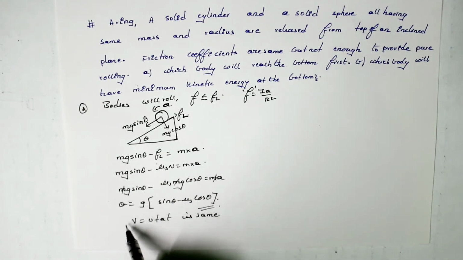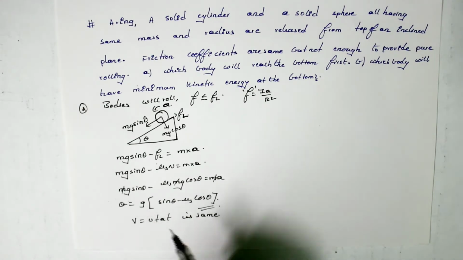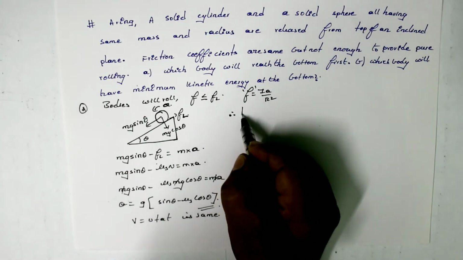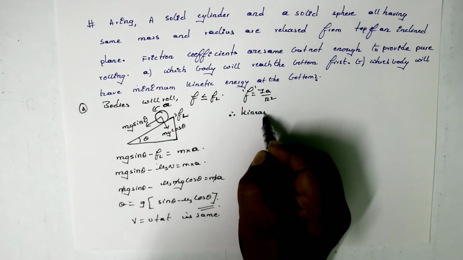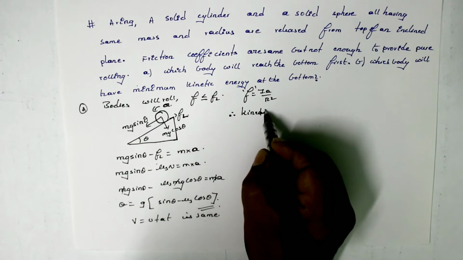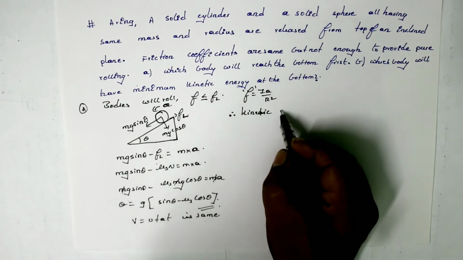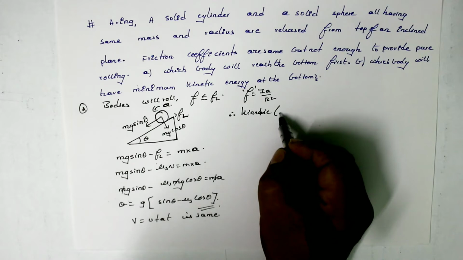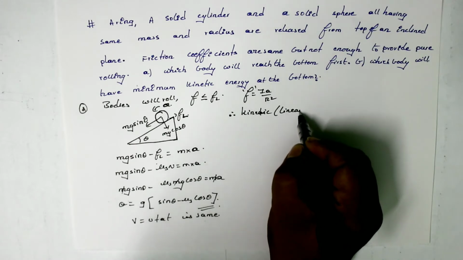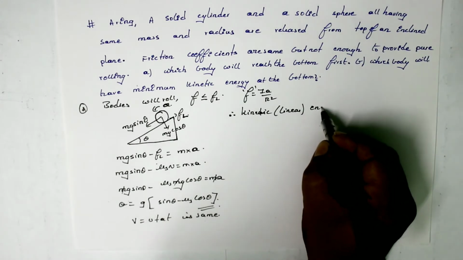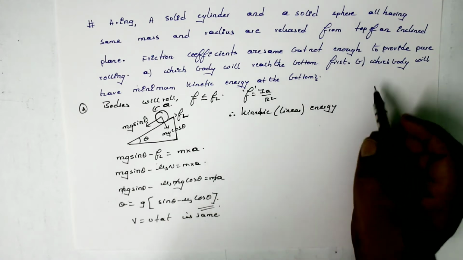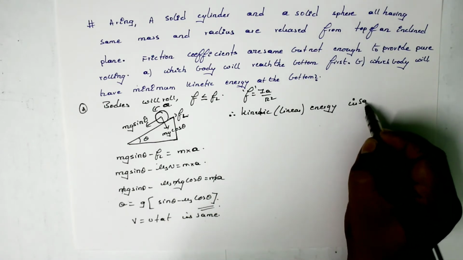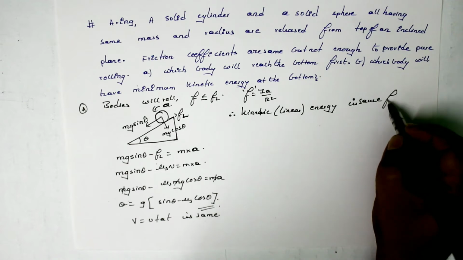So as all the bodies reach the ground with the same velocity, definitely I can say linear kinetic energy is the same for all the bodies.